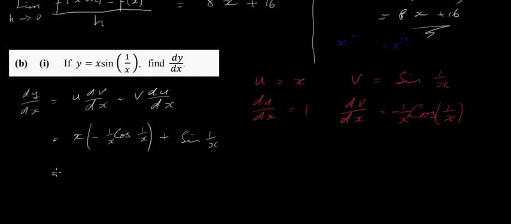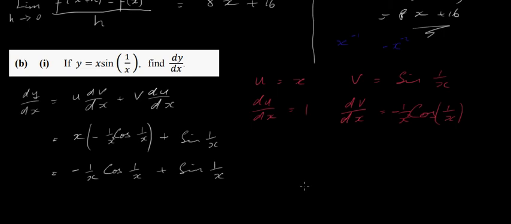This is 1 over x squared here, I left out the x squared. If we multiply this out, we get x times minus 1 over x squared, which gives me minus 1 over x, cosine 1 over x, plus sine 1 over x.